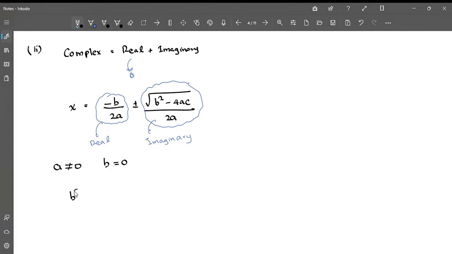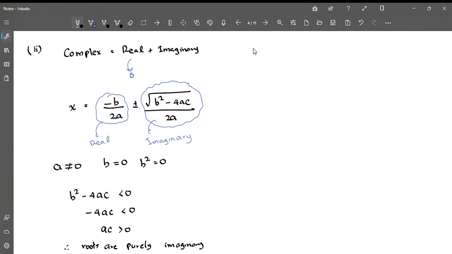So b squared minus 4ac must be negative. Now, b is already 0, which means b squared is also 0. Minus 4ac is negative. Divide both sides by minus 4, ac will become positive. Therefore, the roots are purely imaginary.